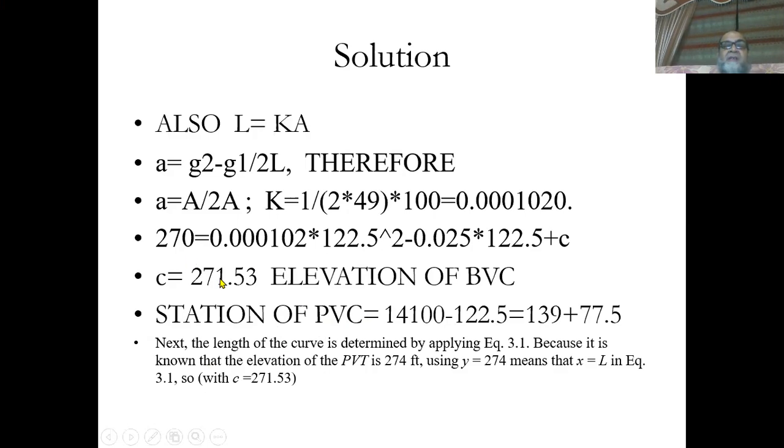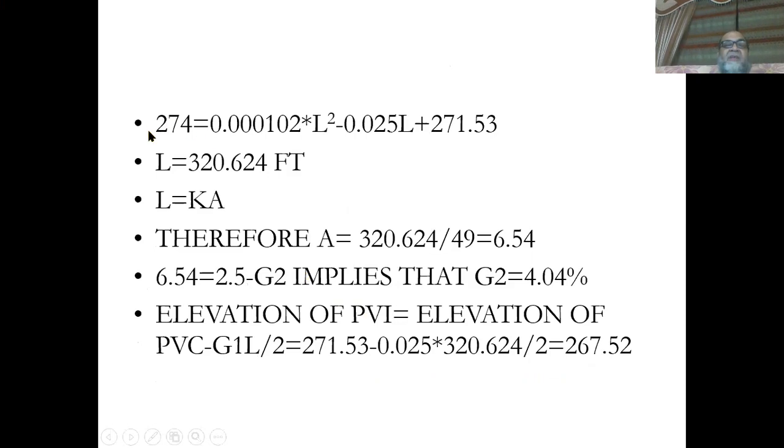The elevation of the PVC is known to us, and since we know that the elevation of the point PVT is 274 feet, again we use this equation where we say 274 is equal to 0.000102 times L square.